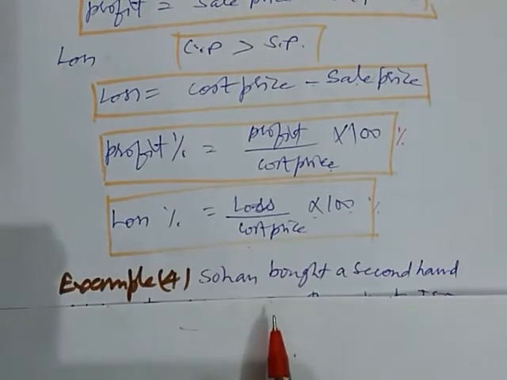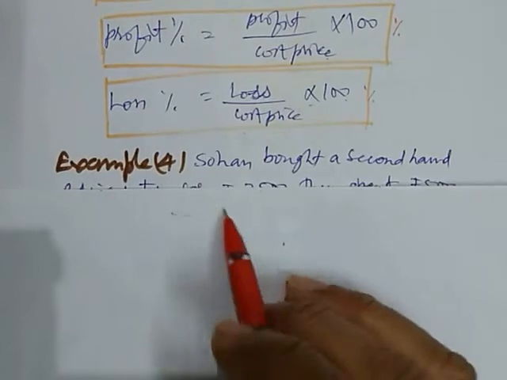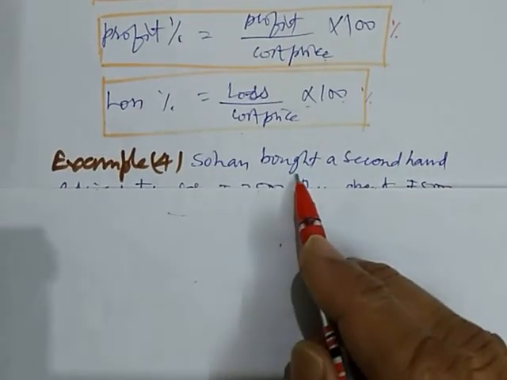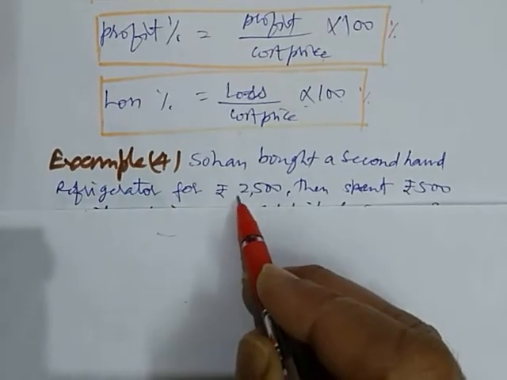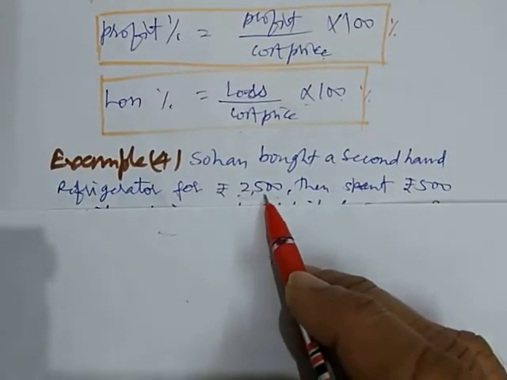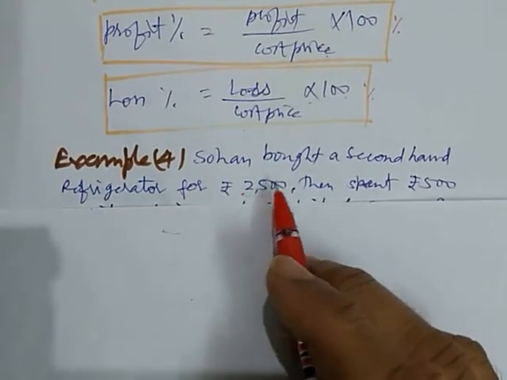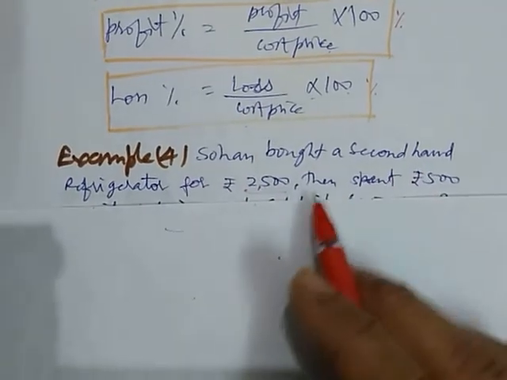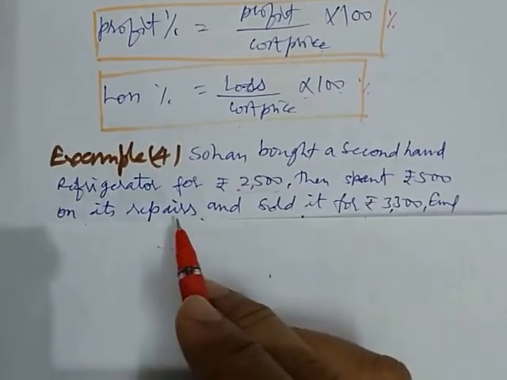Now we take some examples. Example 4. Sohan bought a second-hand refrigerator for rupees 2500. That is the amount Sohan has paid, but the refrigerator is second-hand, so he spent rupees 500 on its repair.